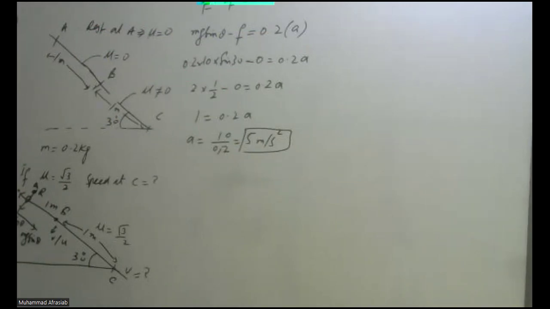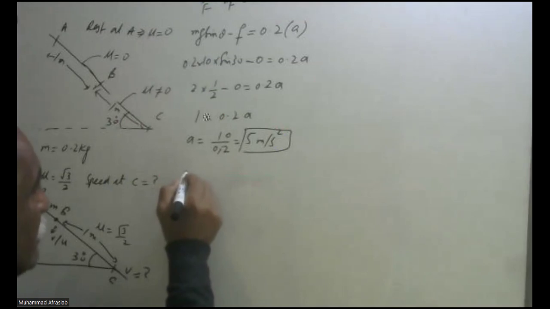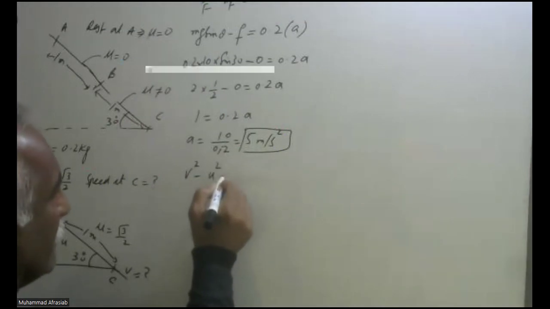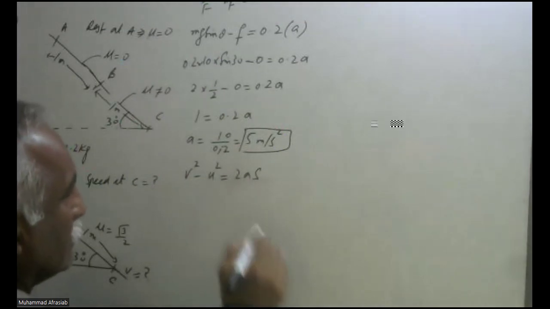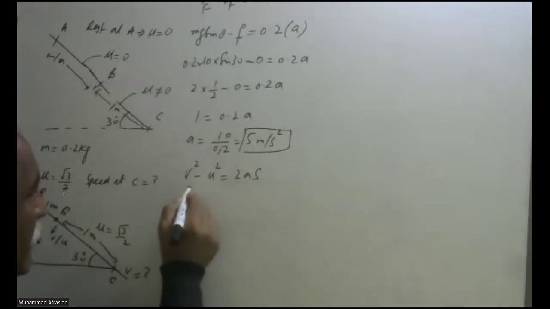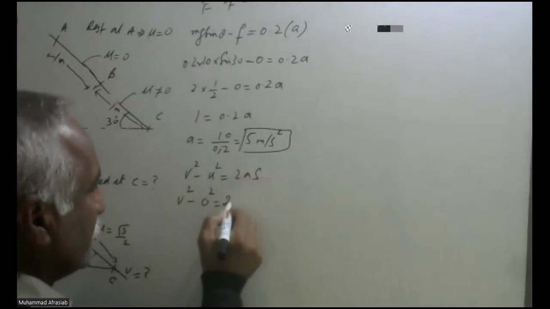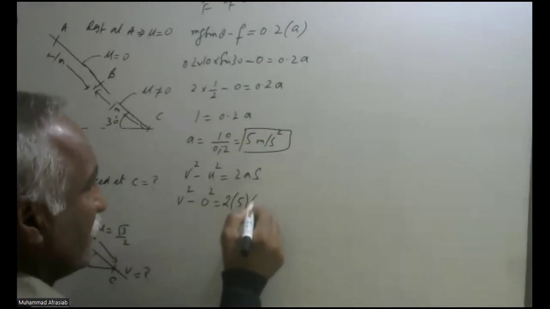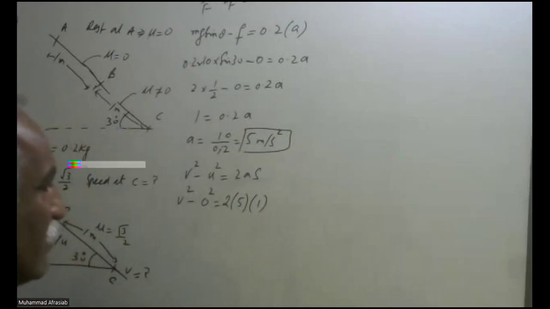Now, the distance is also known to us. So we can use the equation of motion v squared minus u squared is equal to 2as, where v is to be calculated. u is 0 because it started from rest at position A, and 2 times the acceleration calculated as 5, and the distance is 1.